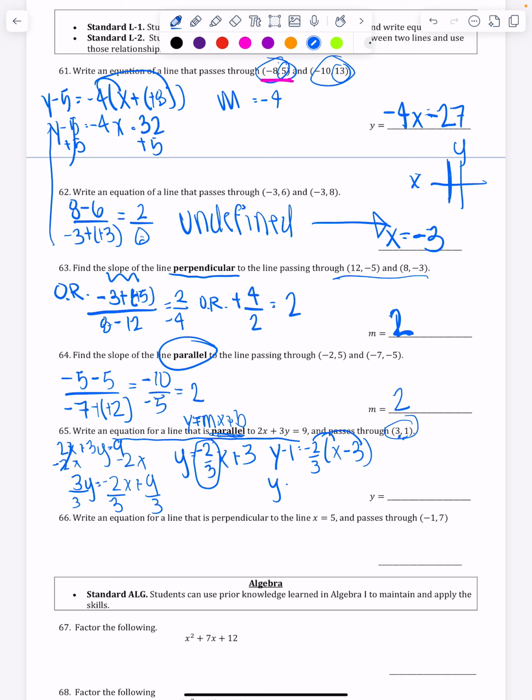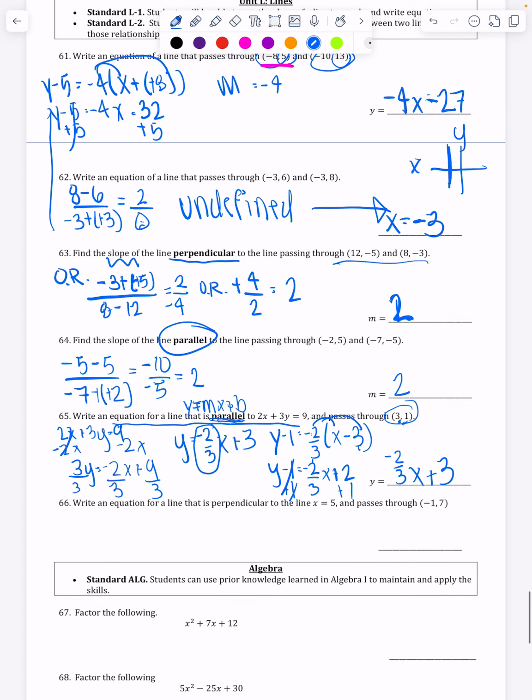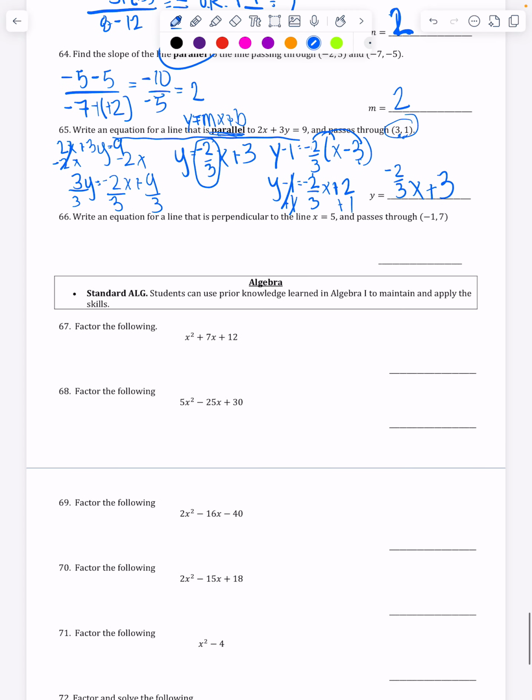I'm going to have y minus 1 equals negative 2/3 x plus, because a negative times a negative is a positive, plus 2, because 3 divided by 3 is 1, 1 times 2 is 2. Right? And I'm going to add 1 and add 1, and I'll end up with y equals negative 2/3 x plus 3.